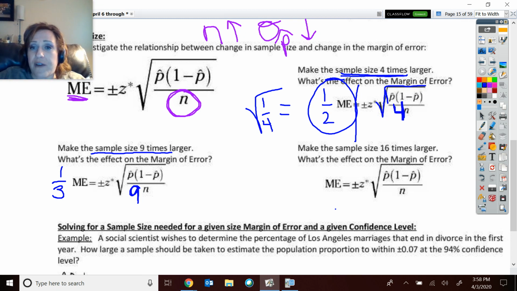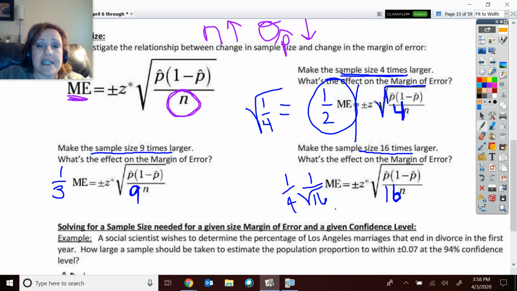Okay? And finally, what happens if it's 16 times larger? Because they usually do it pretty simple in this first course. They do it in terms of perfect squares, so it's not all funky. But at any rate, no matter what it is, if you make your sample size that much bigger, it's making the margin of error smaller by 1 over that square root.